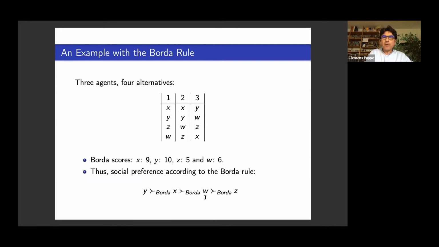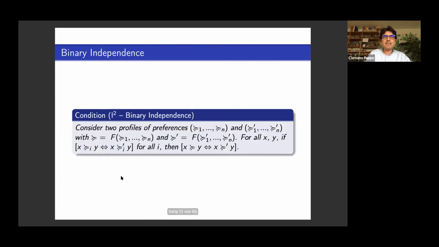And now an information about W changes our view about X against Y. In other words, W is an irrelevant alternative in the decision between X and Y. And this is formalized in this Arrow's independence condition. It's sometimes called independence of irrelevant alternatives. I prefer to call it binary independence.